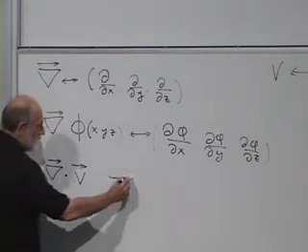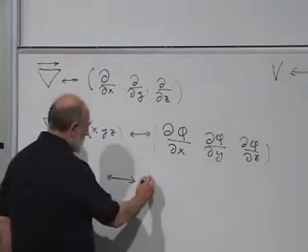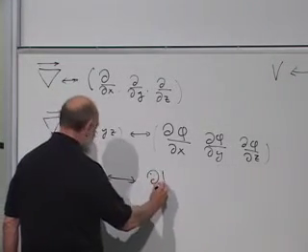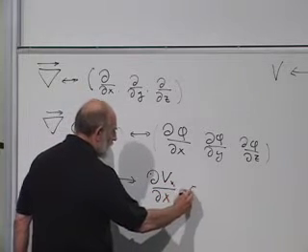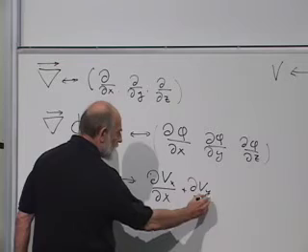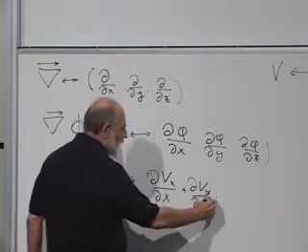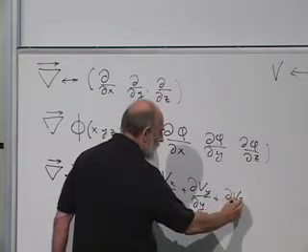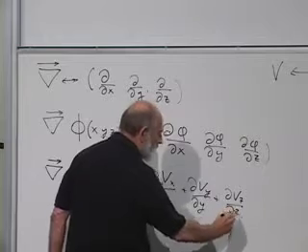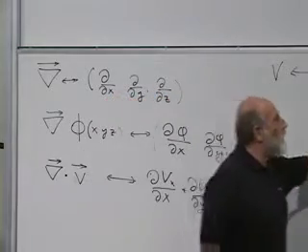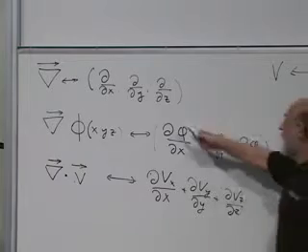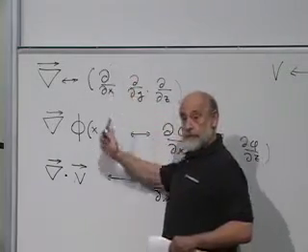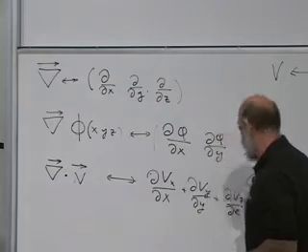And what this gives is the derivative of Vx with respect to x plus the derivative of Vy with respect to y plus the derivative of Vz with respect to z. In other words, it has the same form except replace W by this set of derivative operators. Right, so it's a neat notation.